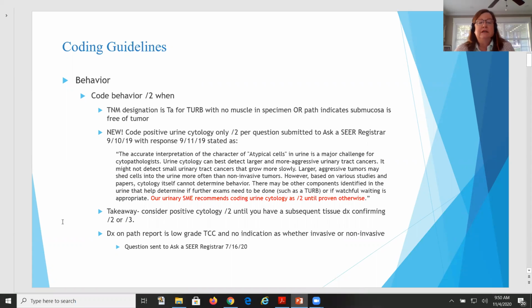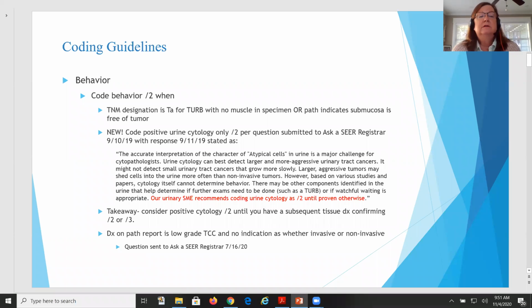However, if the diagnosis on the path report is low-grade urothelial and there's no indication as to whether invasive or non-invasive, then code the behavior 2.